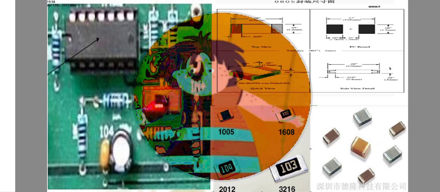You know, this board can contain about hundreds and thousands of resistors, but there are only 10 components.